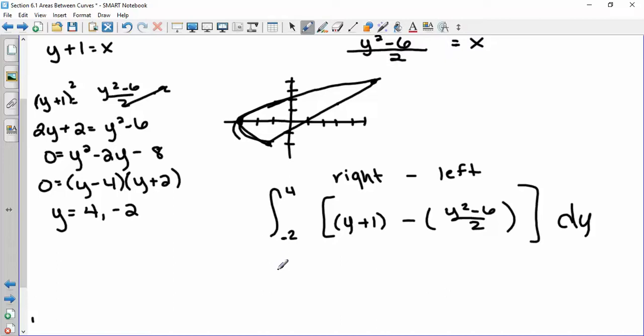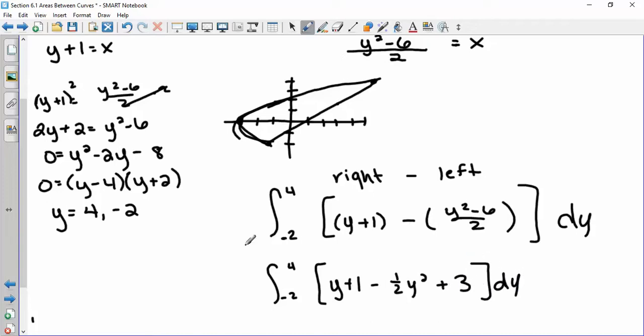After this, it's really just a matter of integrating. We can clean things up a little bit. We'll get y plus 1, minus 1/2 y squared, minus a negative, so plus 6 divided by 2 is 3.